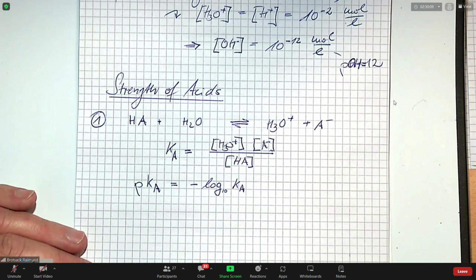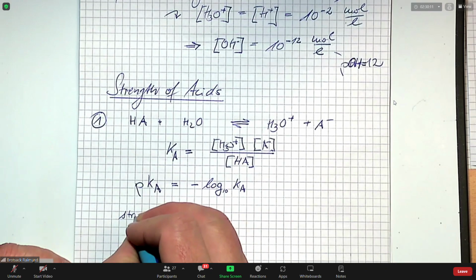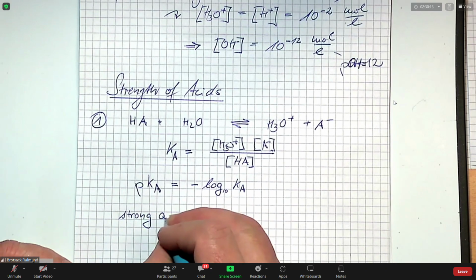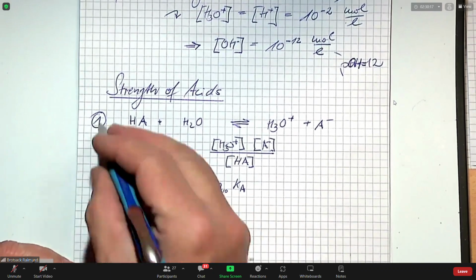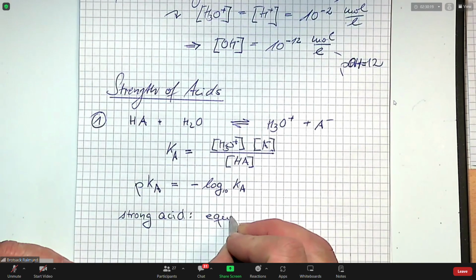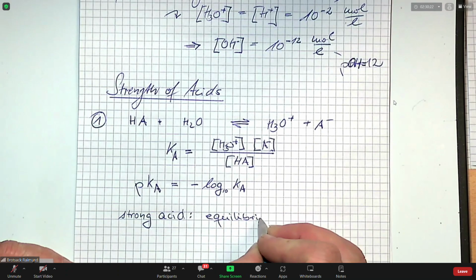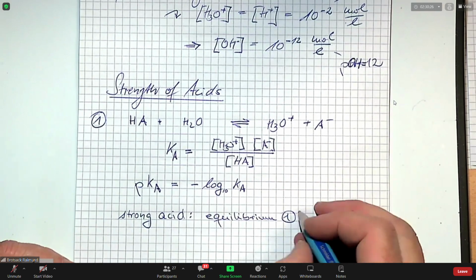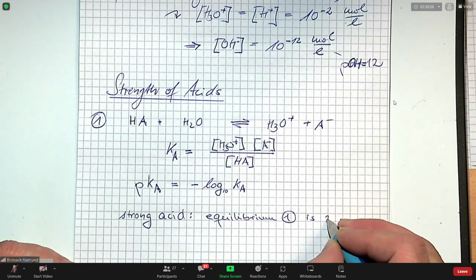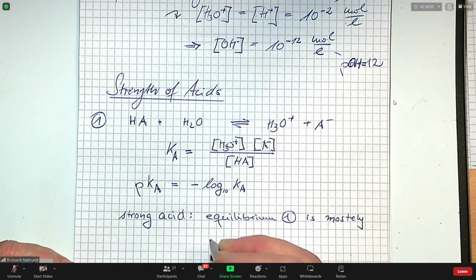Now, let's say we have a strong acid. So the equilibrium is mostly on the right side.